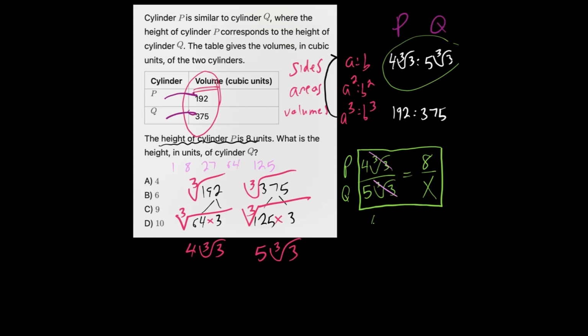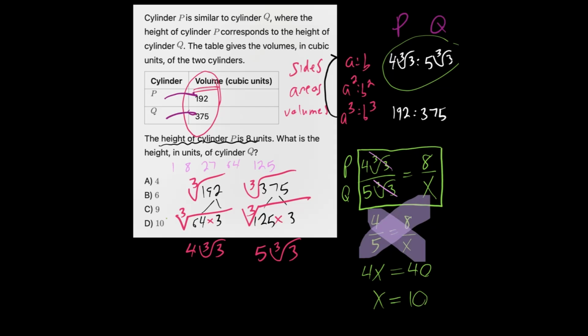In other words, 4 over 5 equals 8 over X. And now with this easier setup, we can cross multiply. We can say 4 times X equals 5 times 8. So 4x equals 5 times 8, 40. Divide by 4 on both sides. X equals 10. And the answer here is D.